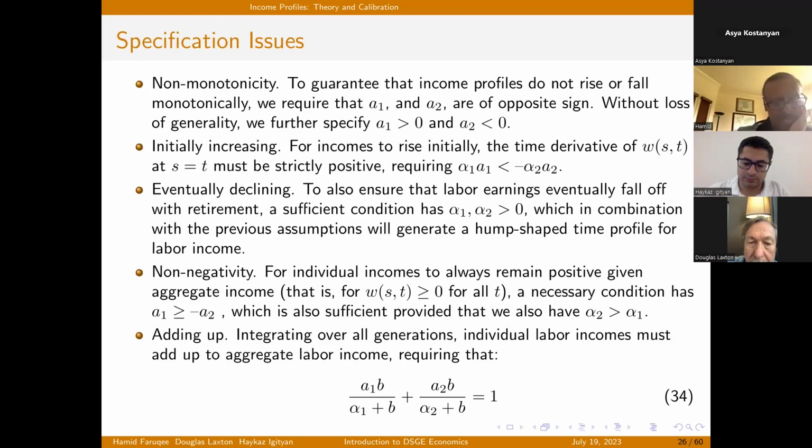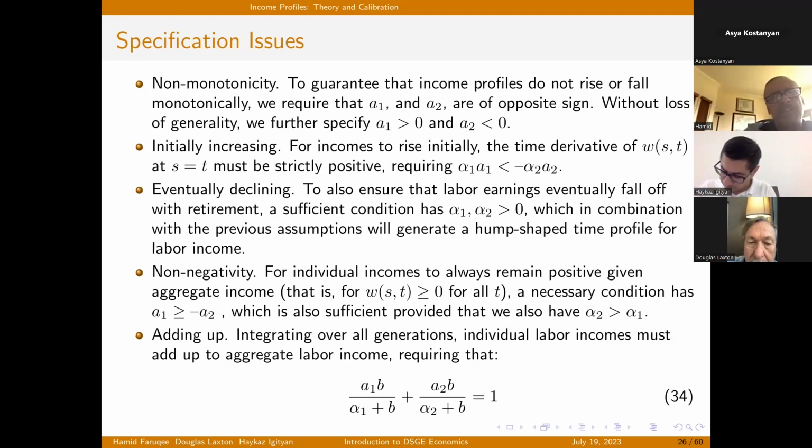I think one question people often ask me is that you have this hump-shaped income profile, but in the real world, people work and they stop working and you get this discontinuity in their labor income. And that's certainly true. What the model does is abstract away from those individual income profiles in the real world and look at an average income profile. So retirement is more of a smoothed out aggregation or averaging across retirements at different ages.